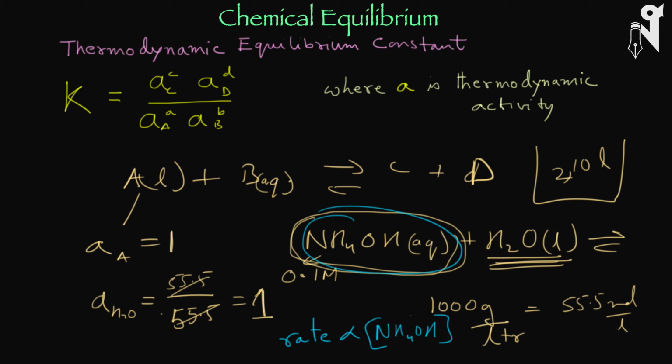Whether water is lower or higher, it is not going to make a difference. If this value goes from 0.2 to 0.4, the rate is going to double. The concentration of water, or the activity of water, whatever you take, is going to remain the same. So your rate is going to double with this.